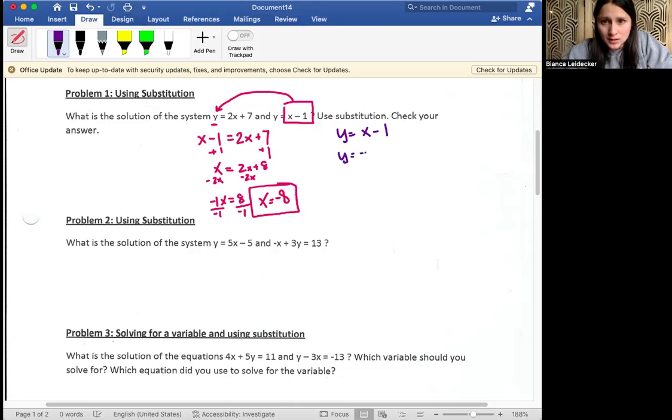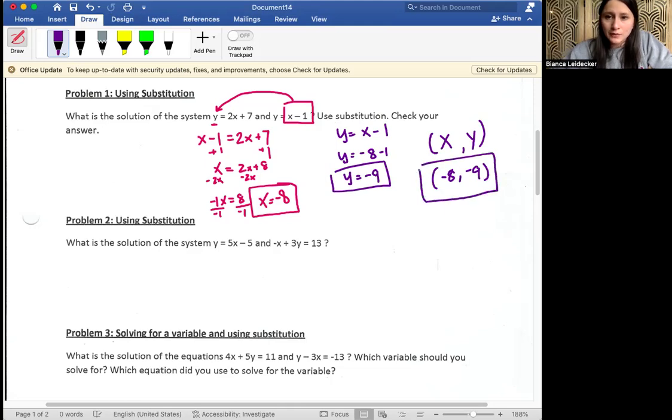So negative 8 minus 1 is negative 9. My solution for these two equations is the ordered pair negative 8, negative 9. In other words, if I were to graph these two lines, they would intersect at negative 8, negative 9. That's my answer.